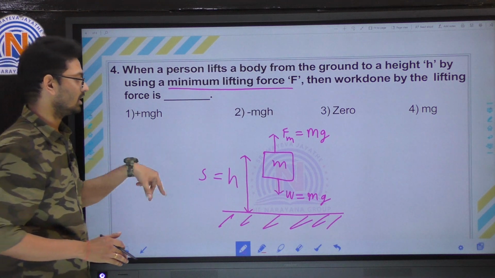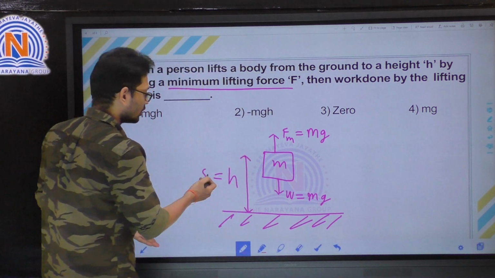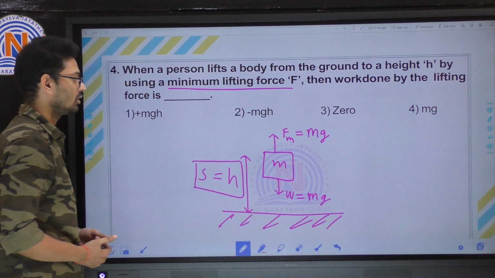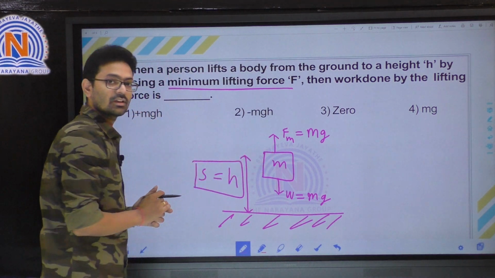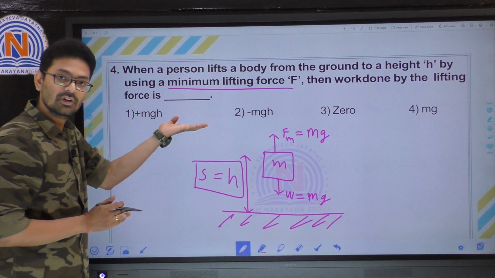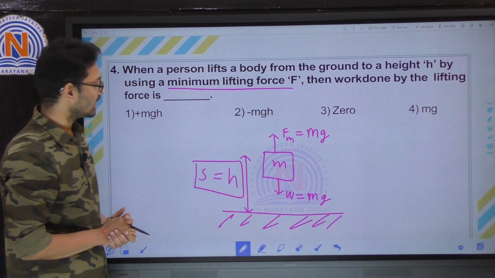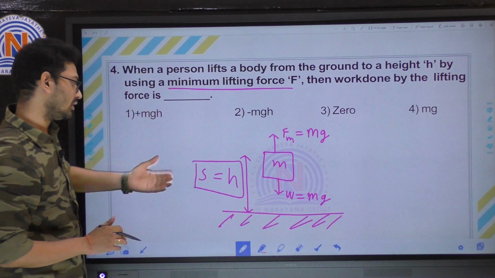Okay, now let us move it. It has moved. To how much distance did it move? It has moved to a distance of h. Now, the minimum force which you are applying is upwards. And the displacement is also upwards.